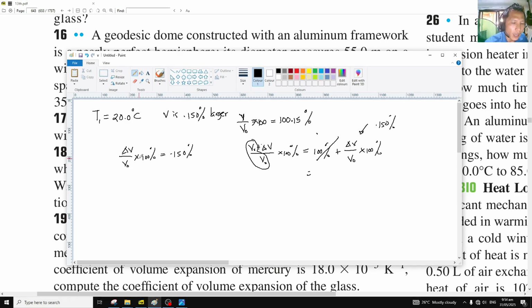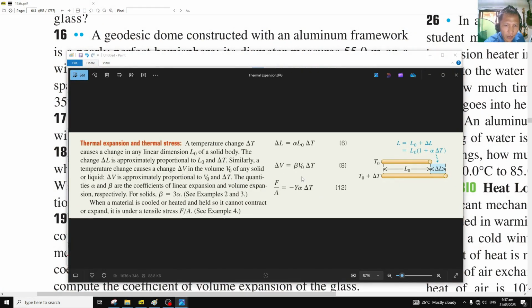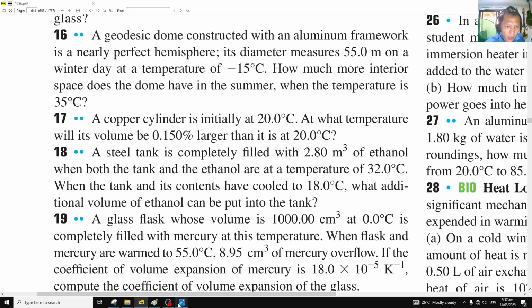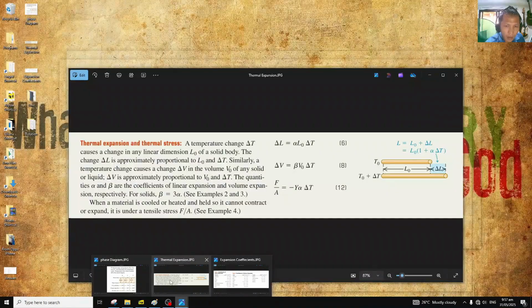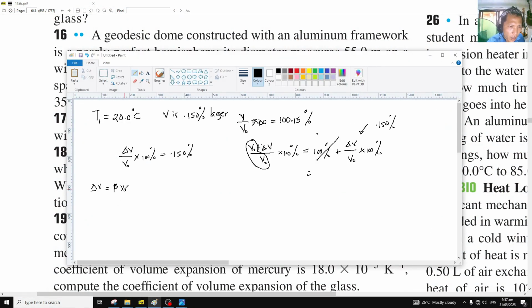Now let's go back to the formula for delta V. Delta V is equal to beta V0 delta T. That is the original formula. So we can get delta V over V0, which is already taken care of here. That would be beta delta T.